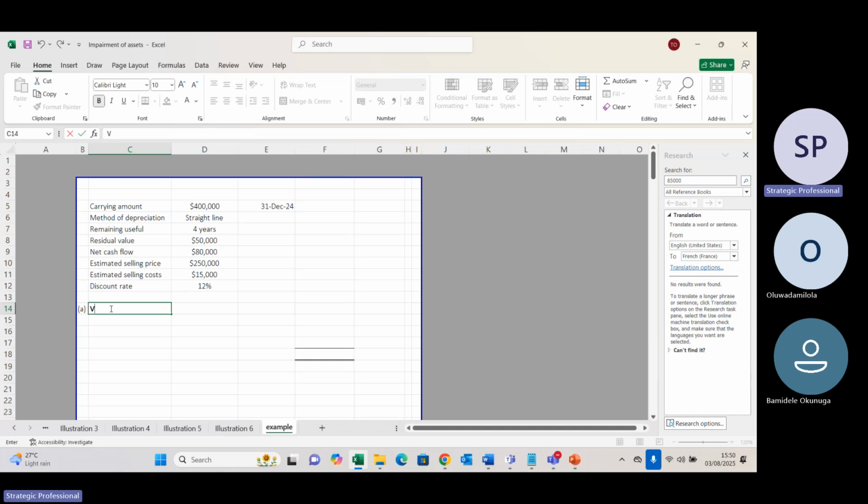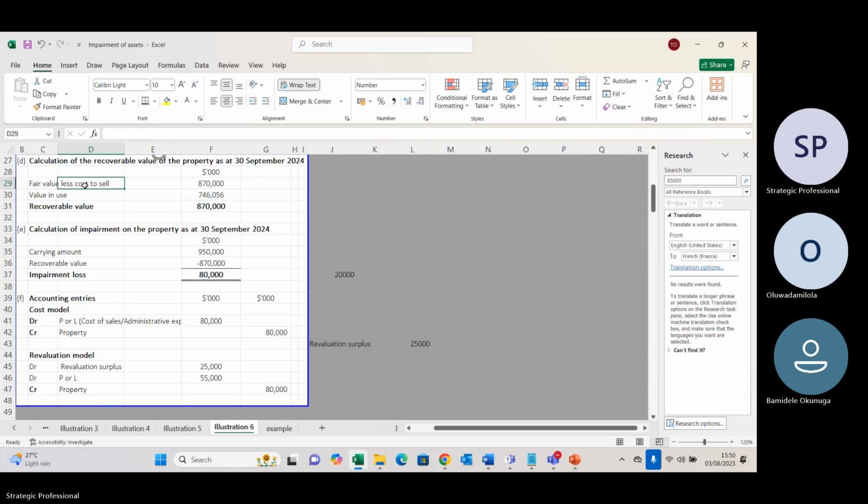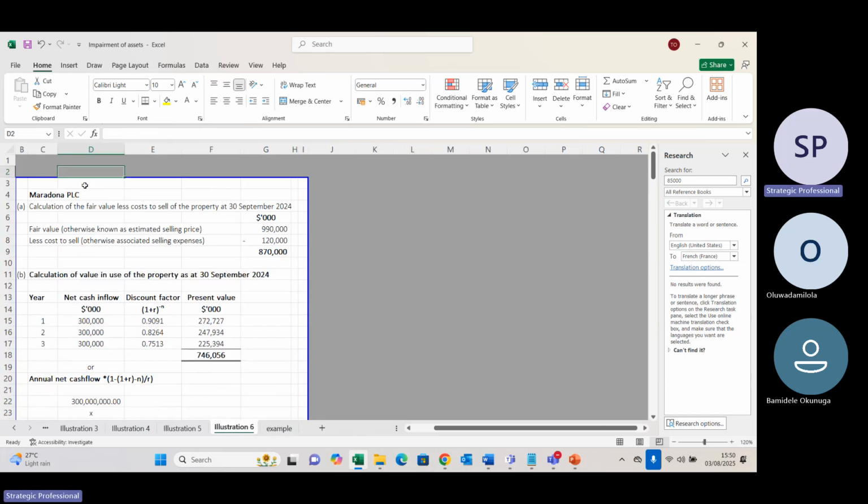So the first one is, let's calculate value in use. To calculate value in use, let me just bring, not to waste time.